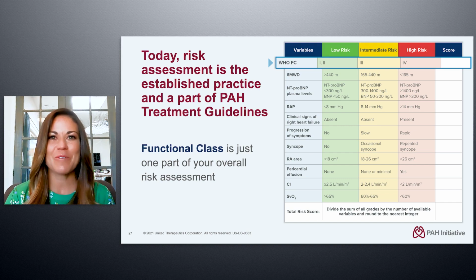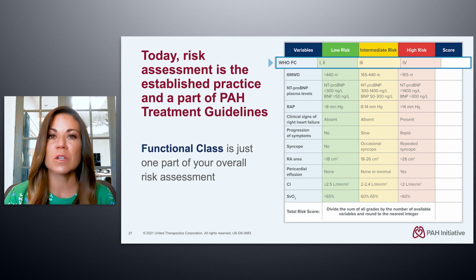We've been talking about functional class this entire time, and you can see how if we have you in that functional class 1 or 2, you're placed in a low risk zone in terms of your functional class. If we find that our patients are not doing as well and more symptomatic, they may be in a functional class 3, putting them in that yellow category or intermediate risk.